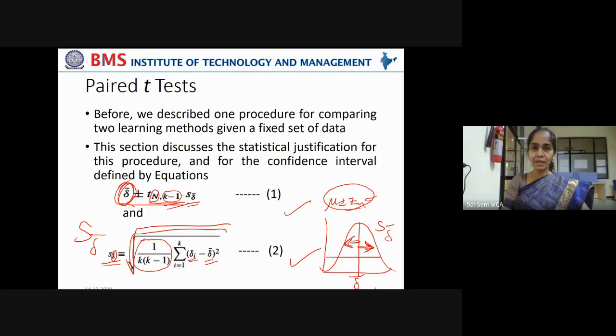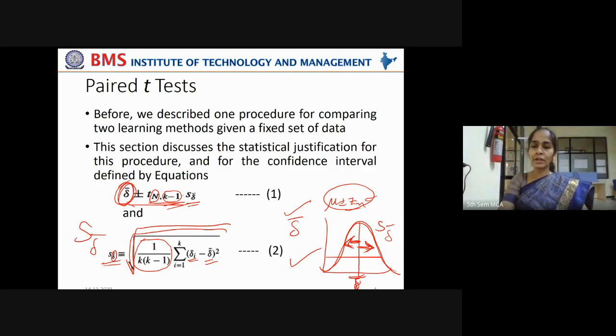We are trying to find out the mean error across all the iterations of the k-fold validation. Yes, that is delta bar. Now, we also wanted to calculate the standard deviation of this mean error. For this distribution, we are assuming that all the underlying distributions are tending towards a normal distribution. Now we know the delta bar, that is the mean error across all the iterations.